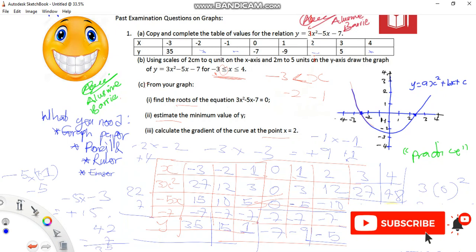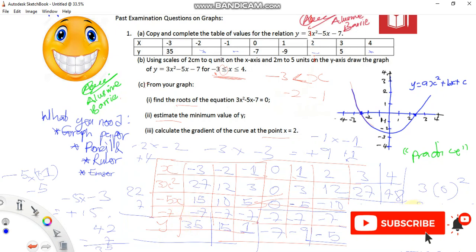So 48, and then we say minus 5 times the value of x, which is 4. We know when you multiply a negative number by a positive number, the result will be negative. Okay, because minus times plus is minus, and then 5 times 4 is 20. Right? So now we have 48 minus 20, and then minus 7.